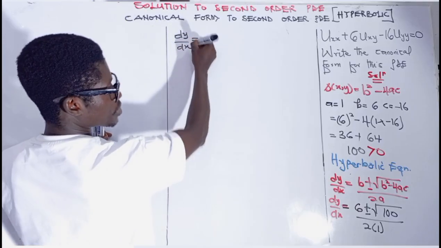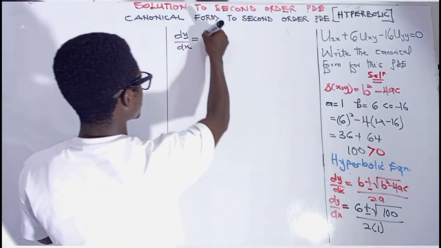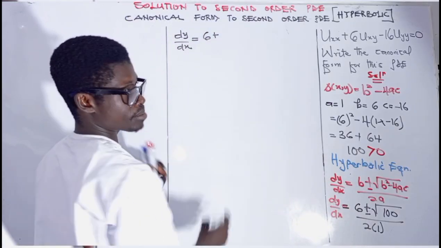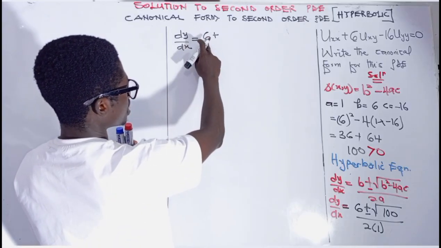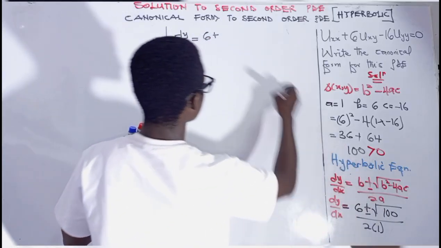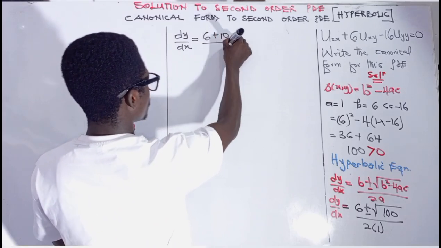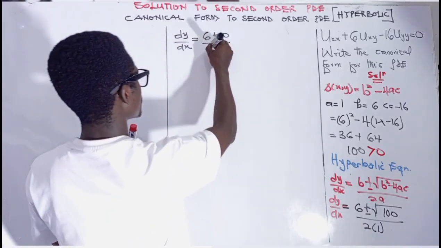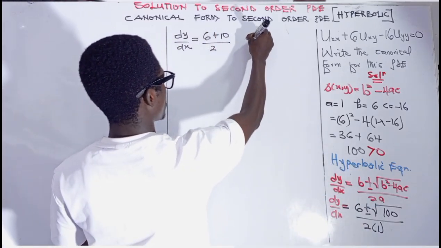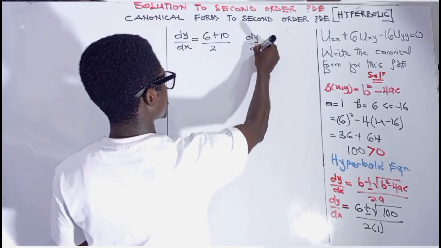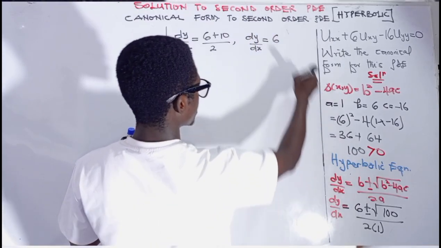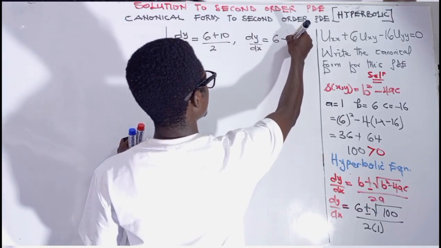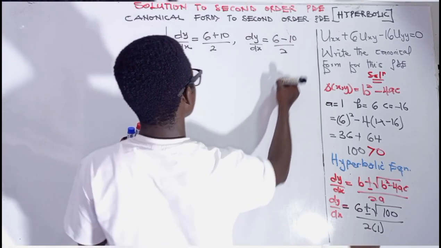So from here, we can say that our dy/dx is equal to, this is going to give us 6 plus, let's put them into the positive and the negative. So we are taking the positive first. 6 plus root of 100 will give us 10 all over 2 times 1 will give us what? 2. Then we have dy/dx is equal to 6. Then we are taking the minus 10 all over what? 2.